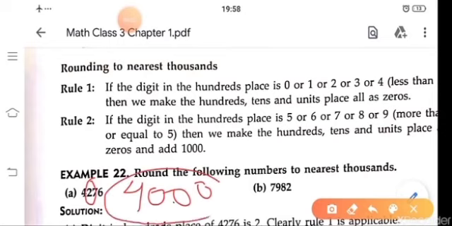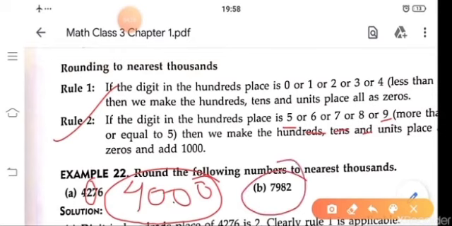The number becomes 4000. Similarly, second rule is here. In second rule children, if a number is 5, 6, 7, 8, 9 at hundreds place, then again same rule as we were following while writing the numbers to nearest 100 and tens. Same here children.